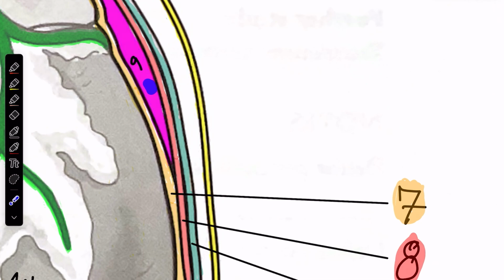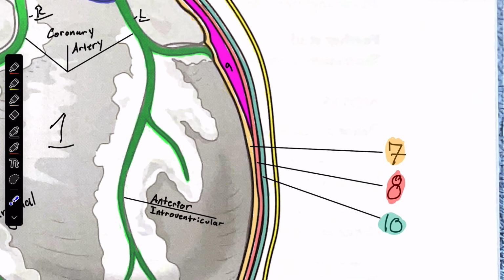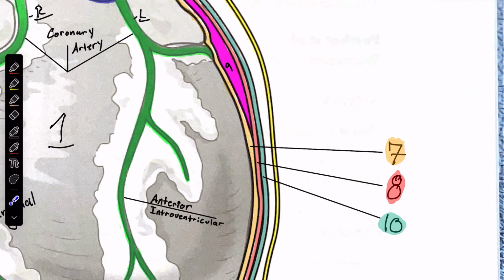But in the heart with the pericardium, we've got visceral layer, then we've got this pericardial cavity, and then this is the parietal layer of the serous pericardium. And then number 10, that is going to be your fibrous pericardium, or parietal pleura is another name for it. But 7, 8, 9 make up the pericardial sac, and then that's all wrapped by 10.